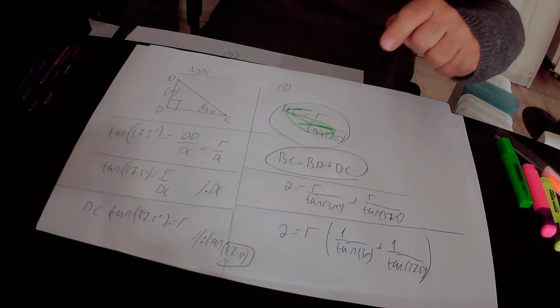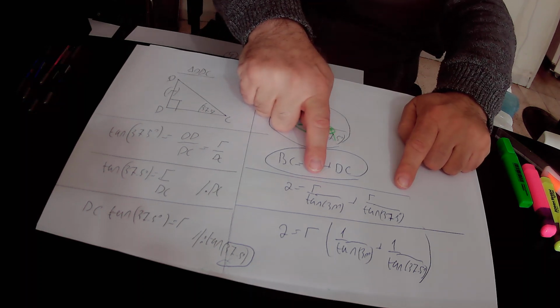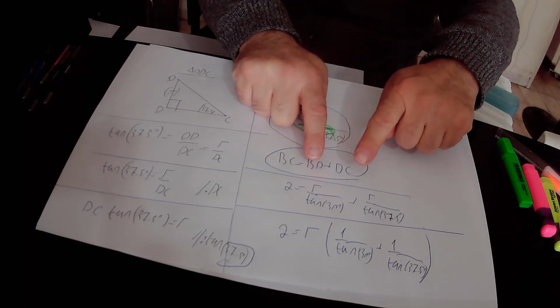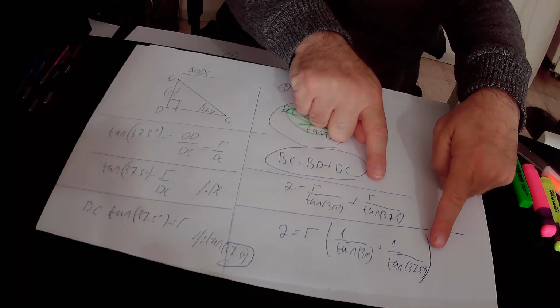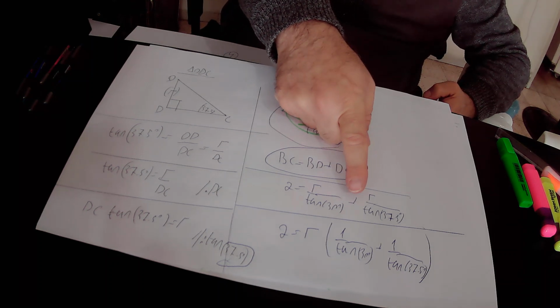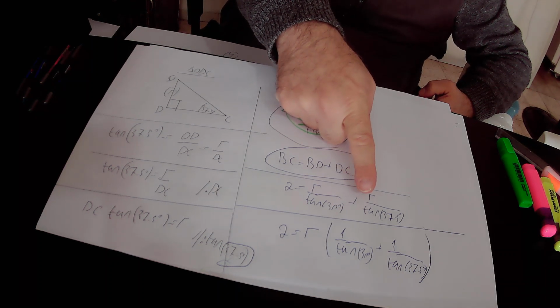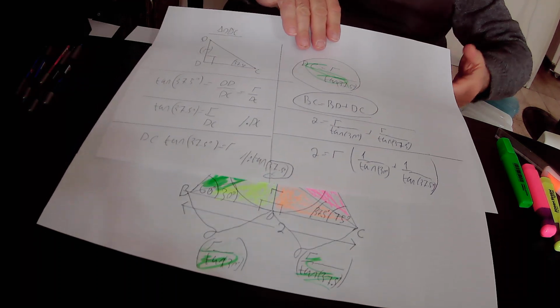We took out R as a common factor from those two expressions, so inside the brackets we are left with 1 over tan 30 degrees plus 1 over tan 37.5 degrees. So 2 equals R times the sum of 1 over tan 30 degrees plus 1 over tan 37.5 degrees.